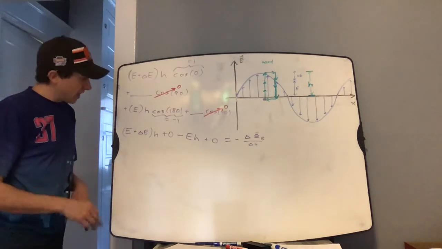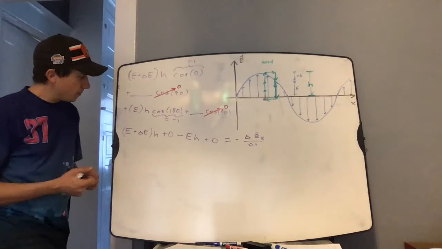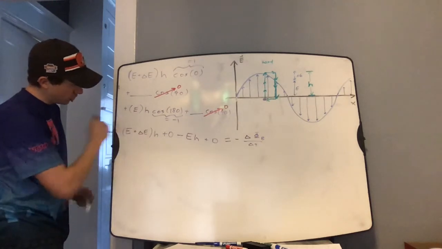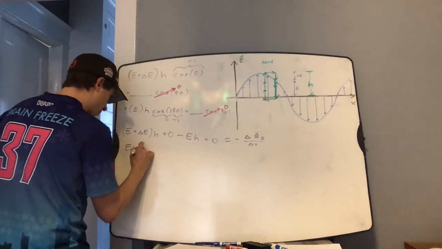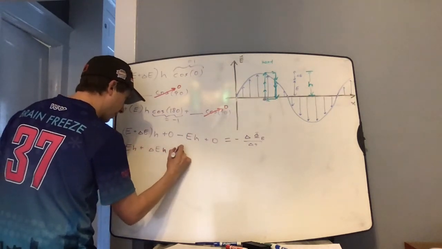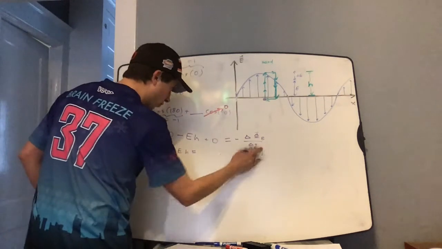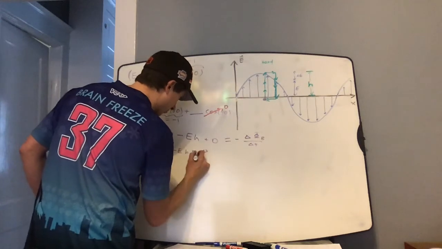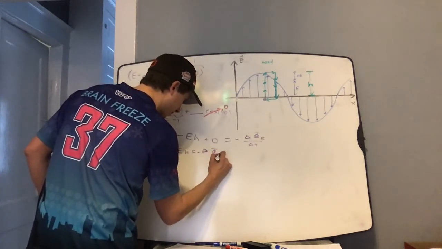In the next step, I'm going to continue looking at what happens to the left side of Faraday's law. So I'll just factor the H in here. So I get E H plus delta E H minus E H is equal to the rate of change of magnetic flux, so negative delta phi B delta t.